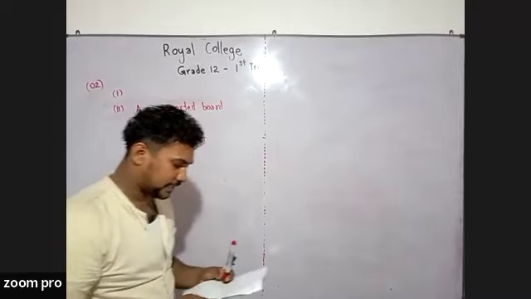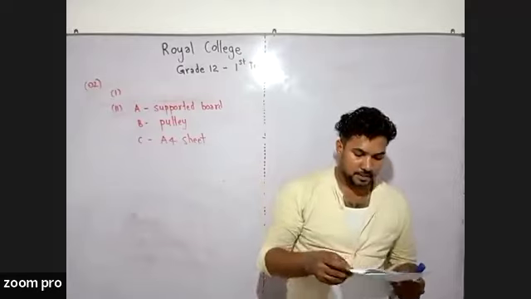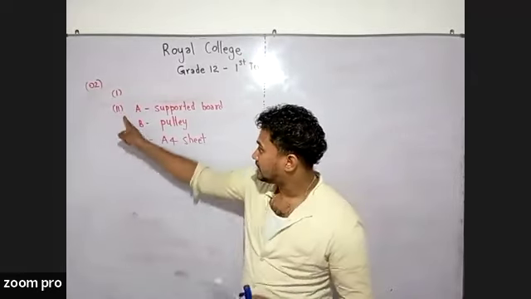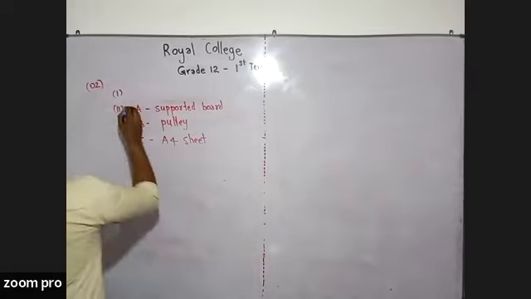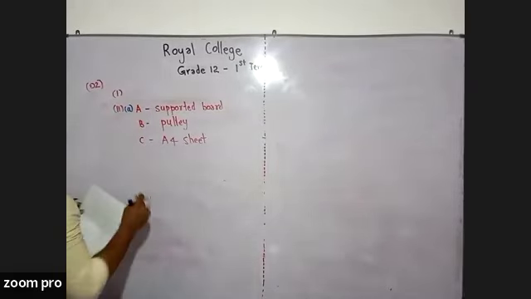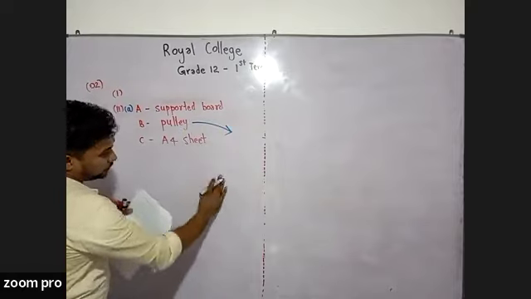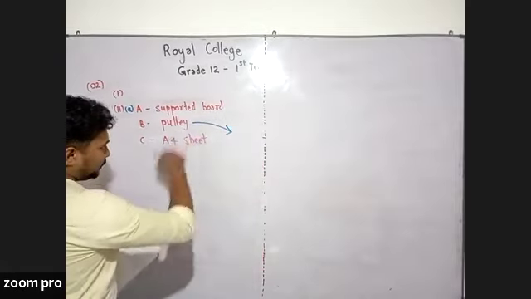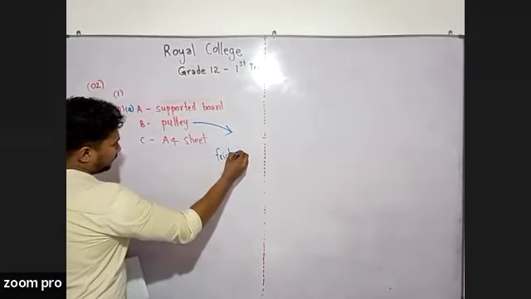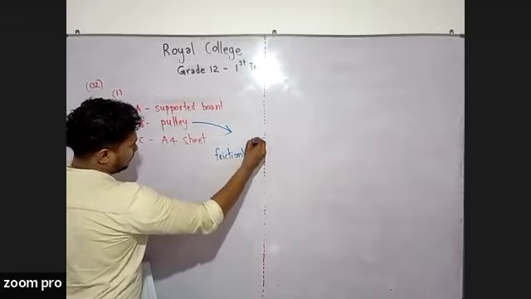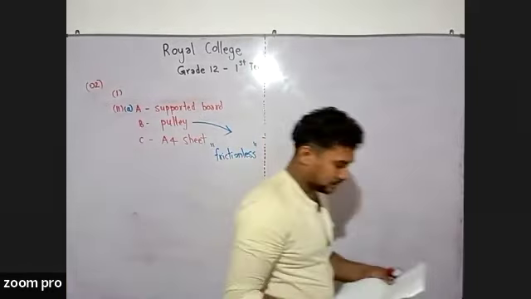Then there's another one in this second question, A part. They are asking about the importance of B. So you should remember that the pulley which is used in this experiment should be frictionless.